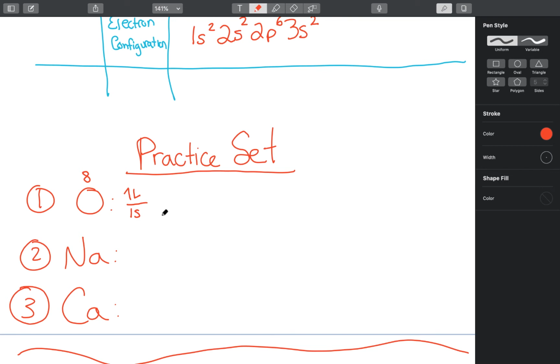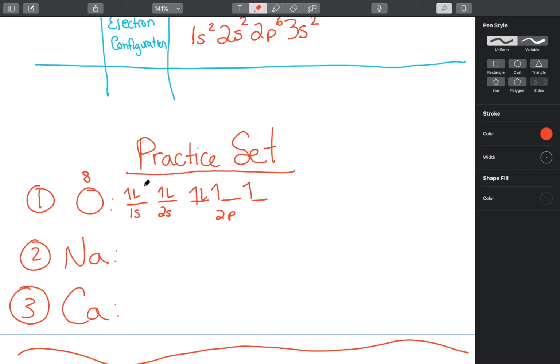Then we move on to the next subshell, which is higher energy than 1s, and we put in 2 electrons. Then we move on to the 2p subshell. We have to follow Hund's rule, so make sure you fill the orbitals the way that I am filling them. So we go 1, 2, 3, 4.